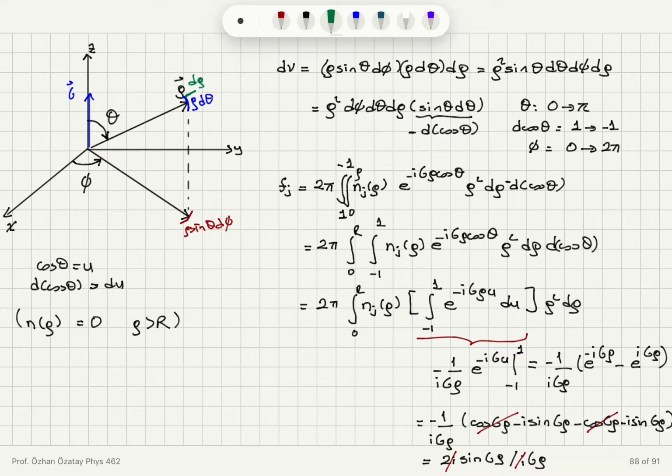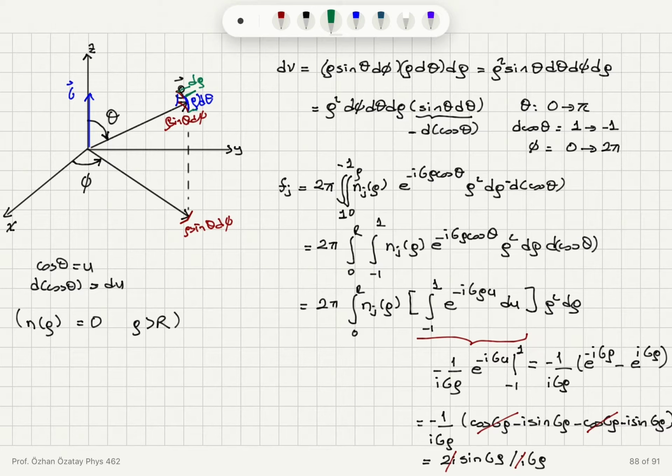Okay, so this is our arc length. So let me show it here. This is rho sine theta d phi. So basically, if we complete this setup, we would have a volume element that is built like this.